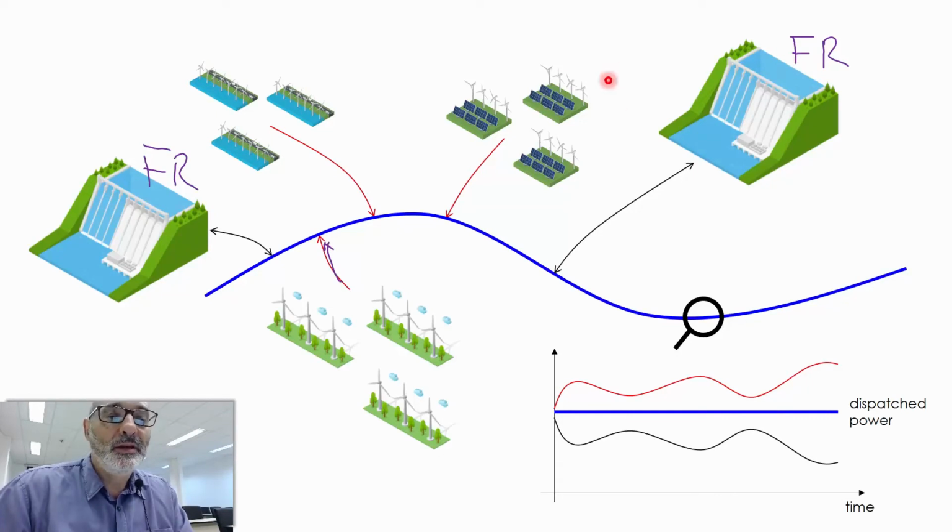And when you need it, if wind stops, for instance, you can use this water to generate through the turbines. So in addition to the turbines, you can also have pumps, and you can use this excess power to store energy in the form of water in the reservoir, which you can use to generate electricity when you no longer have this excess power.